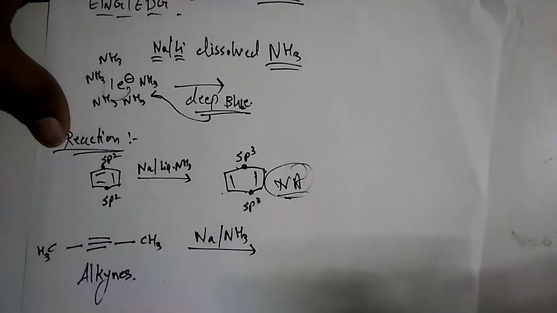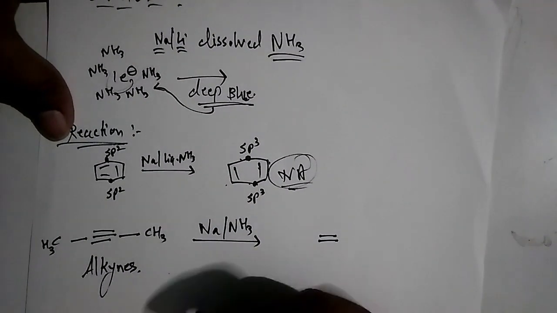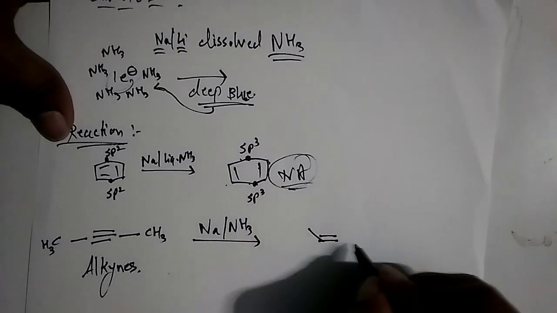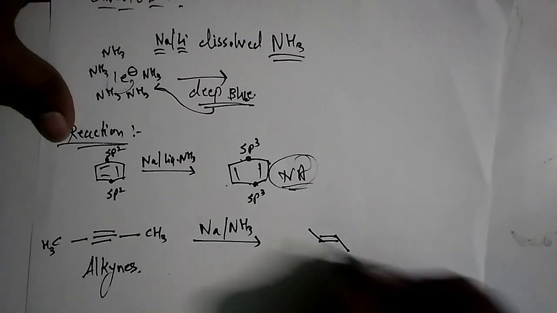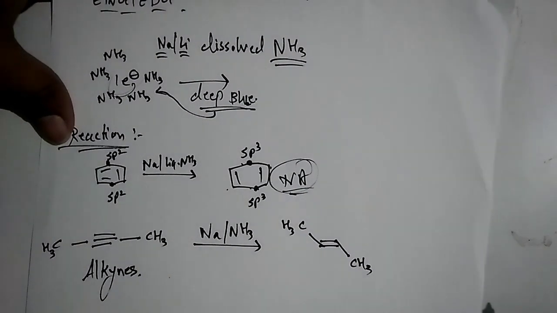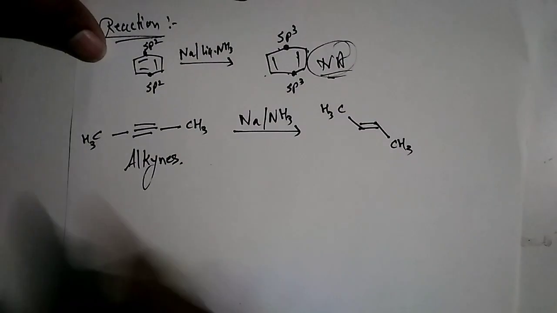Let's take an example of 2-butyne being reduced to 2-butene, but whether it is cis or trans, always remember Birch reduction gives a trans alkene from an alkyne, so we get trans 2-butene. Now let's go to the mechanism.